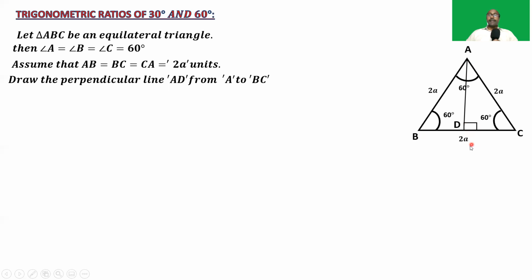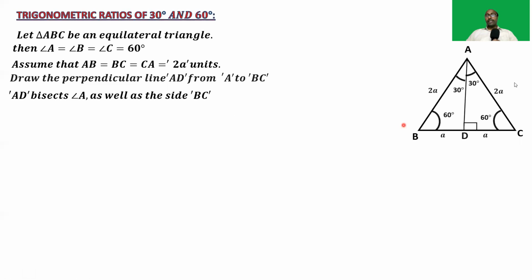And also AD bisects the angle at A. So AD bisects angle A as well as the side BC. So then the picture becomes like this. Here AD bisects the angle A, so 60 degrees is divided into two equal parts, 30 degrees, and 2A is divided into two equal parts, A.